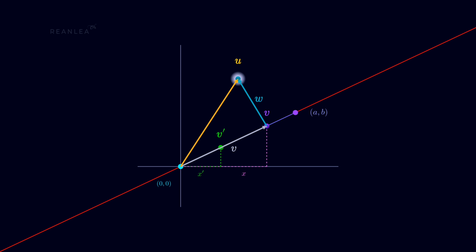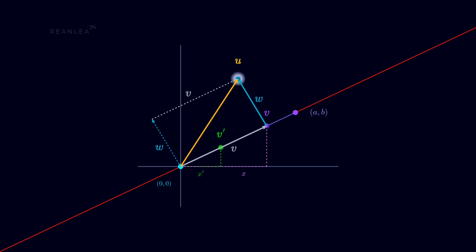Now, as a vector is not dependent on its position, rather it's completely determined by its magnitude and direction, therefore we can consider the vector w to be emanating from the origin. Similarly, without loss of any property, we can shift the vector v also.